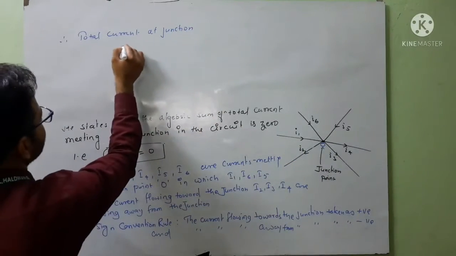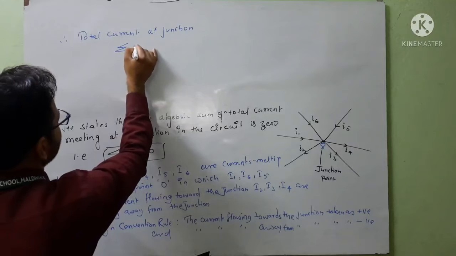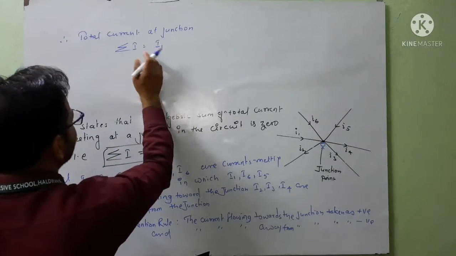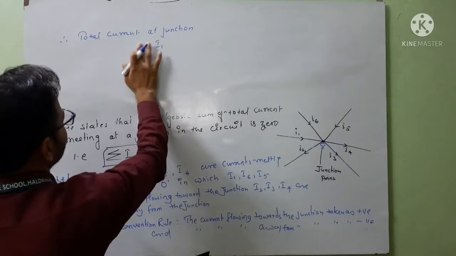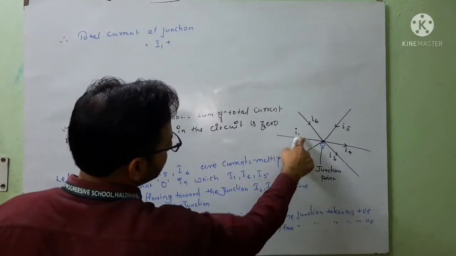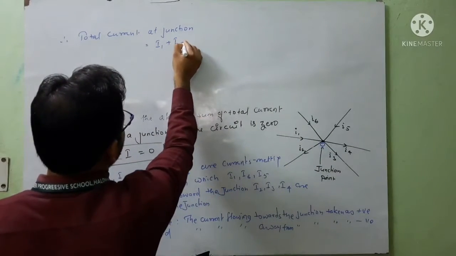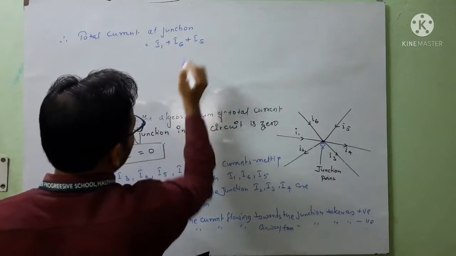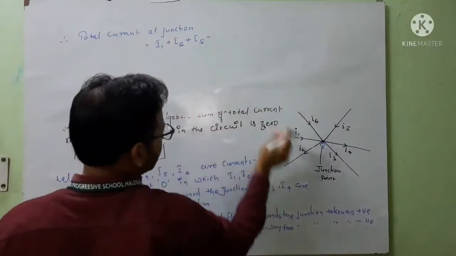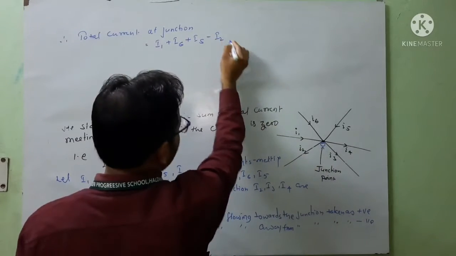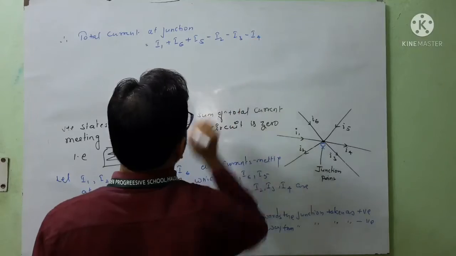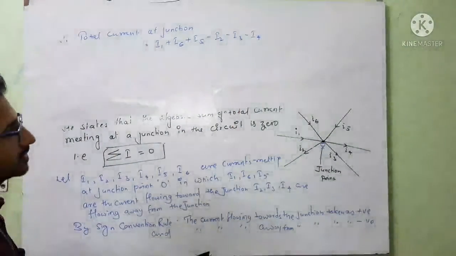It will be the sum, sigma I. I1, I6 and I5, all three are positive because they are coming toward the junction, and the remaining ones, I2, I3 and I4, are negative because they are moving away from the junction.